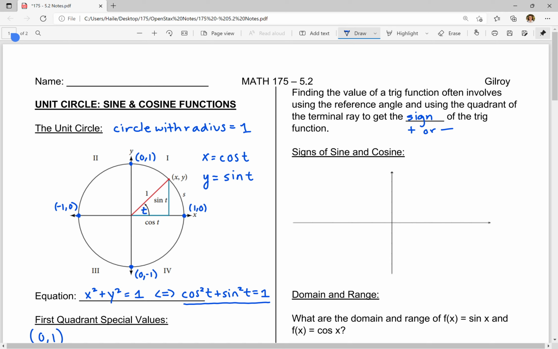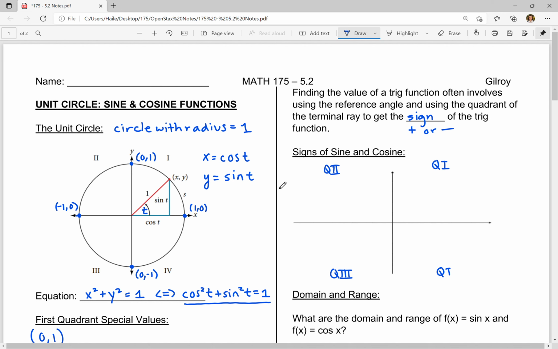We're going to talk a little bit about where sine and cosine are positive and negative. If we think about our 4 quadrants, so we have quadrant 1, quadrant 2, quadrant 3, and quadrant 4, we're going to think about where sine and cosine are positive or negative. Remember that x is equal to cosine of theta, and y is equal to sine of theta.